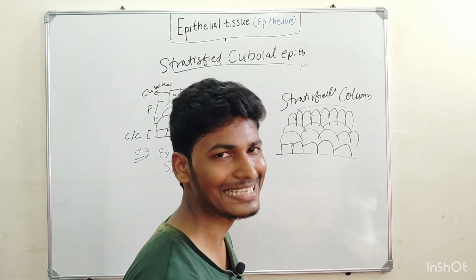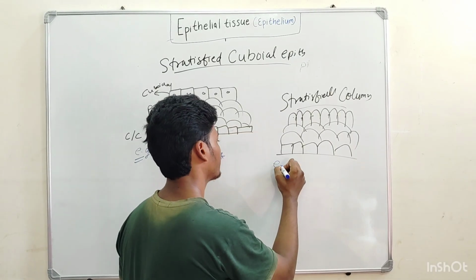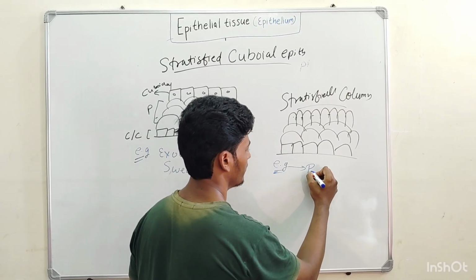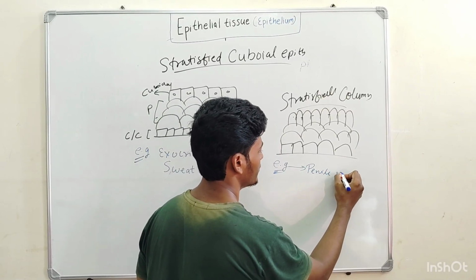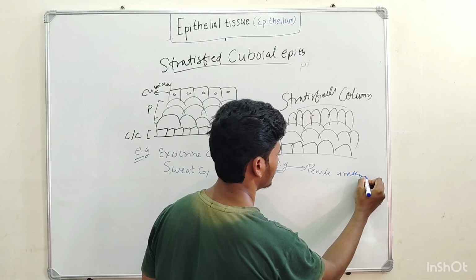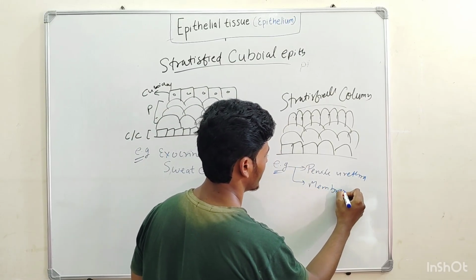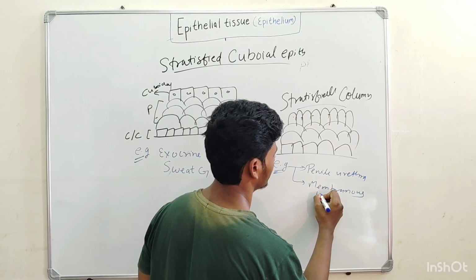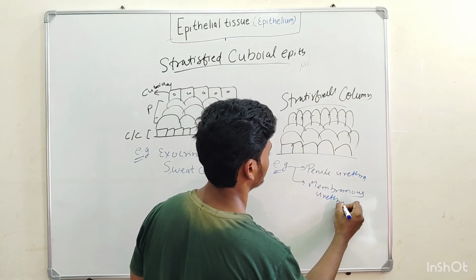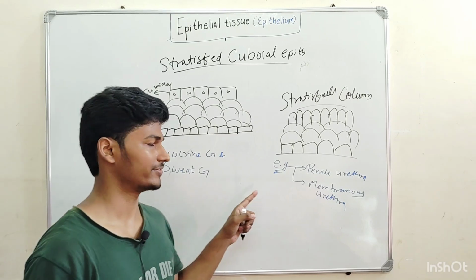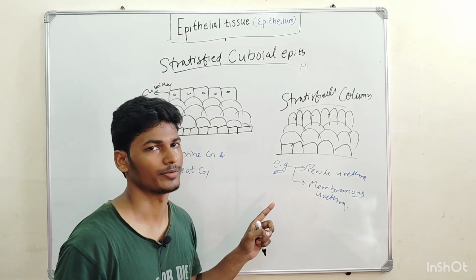And examples will be penile urethra and membranous urethra. This is the stratified columnar epithelium.